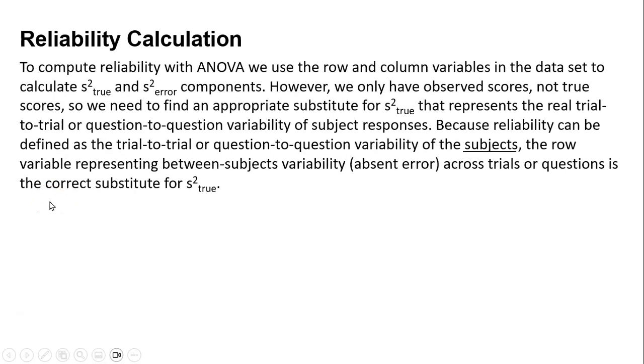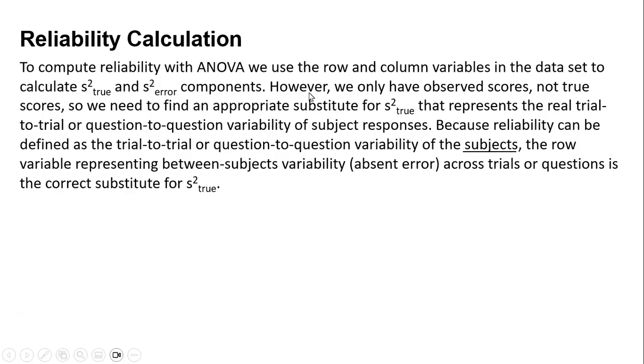So now I'm just continuing from the prior slide leading up to the calculation part. To compute reliability with ANOVA, we use the row and column variables in the data set to calculate S squared true and S squared error components, or the true variance and the error variance components.